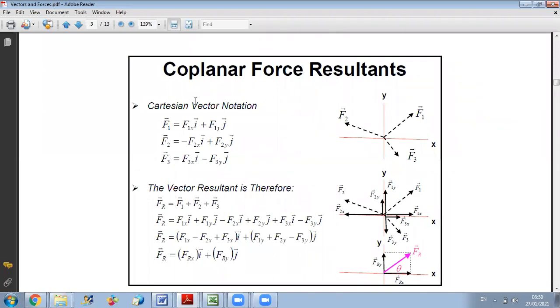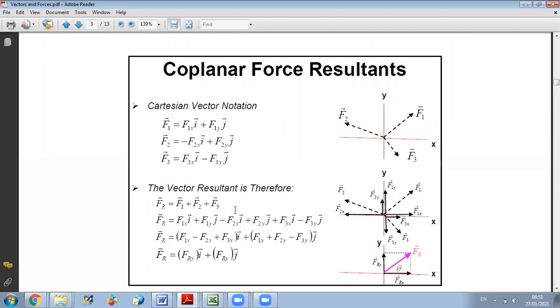In the Cartesian notation, F1 has positive components along i and j, so it's plus F1x i plus F1y j. For F2 it's minus i and plus j, so it's minus F2x i plus F2y j. And for F3 it's positive i and negative j, so plus F3x i minus F3y j.